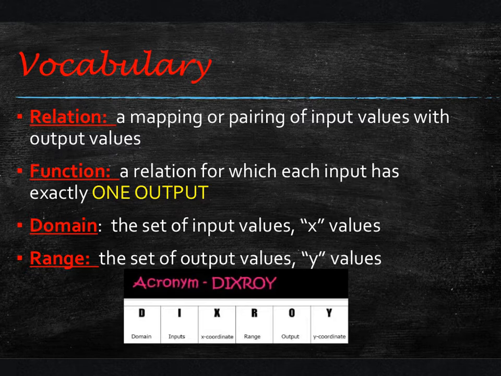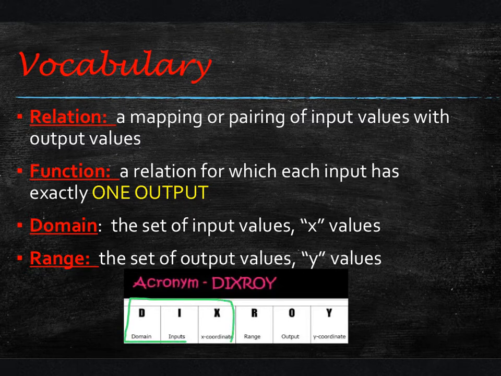Domain is the set of input values, which is also your x values. And range is the set of output values, which are your y values. And so we have this acronym, it's called DIX-ROY, and what that stands for is that D obviously stands for domain, so D, I, and X, those all go together.